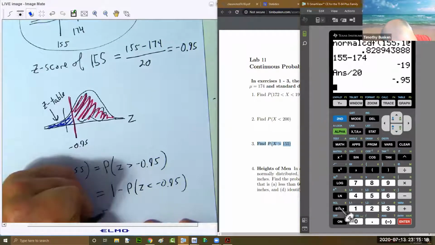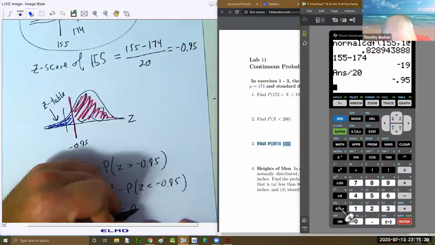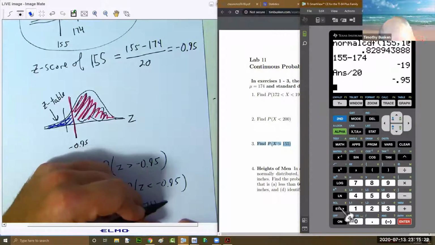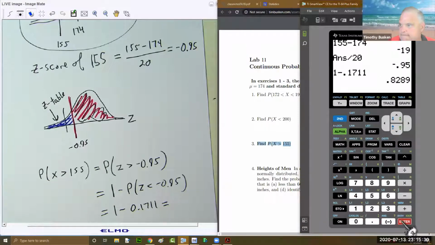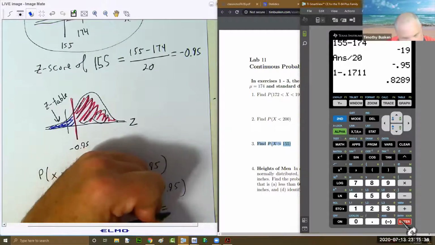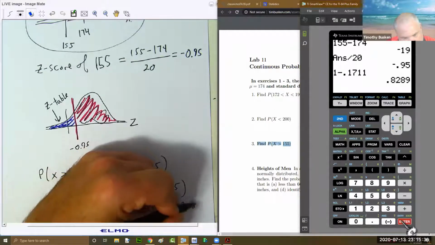And so this is going to be 1 minus 0.1711. Of course, that should give us the same answer that we got before using normal CDF. And you can see, indeed it did. Exactly the same answer.